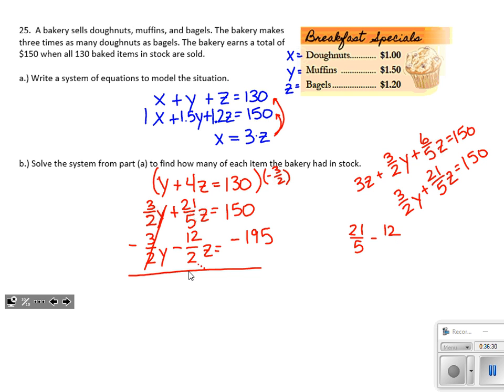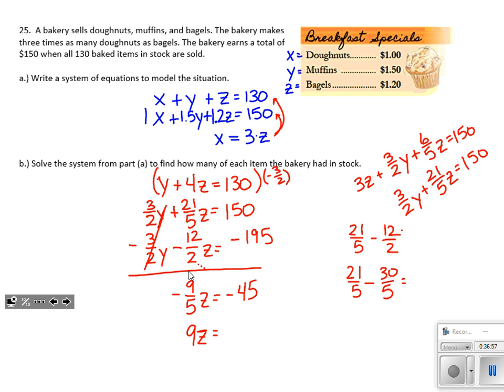minus 12 over 2, well, that's 21 fifths minus, this is really 6, which would be 30 over 5. That's negative 9 over 5. So negative 9 over 5 z equals negative 45.